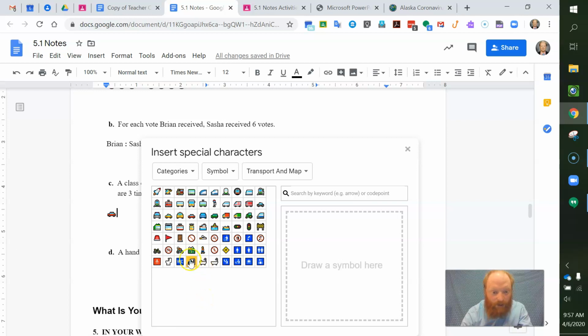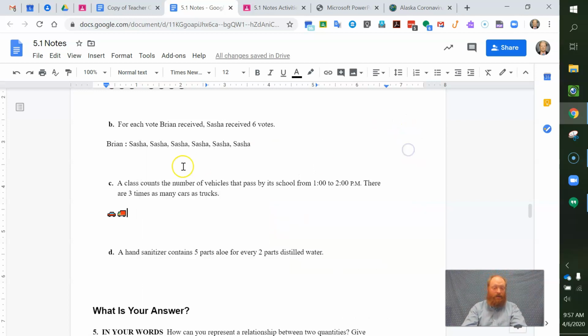We don't have pickup trucks in here, so I'm going to pick a delivery truck. Close this. 3 times as many cars as trucks. So, copy, new car, 1, 2, 3, 2 trucks. 3 times as many cars to trucks.